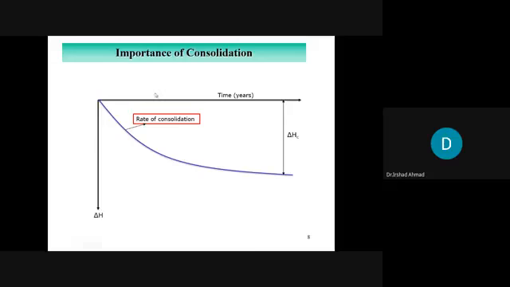So what we see here, you see the settlement increases with time, and then it reaches almost asymptotically, right? It stops. So this last amount is the final consolidation settlement.